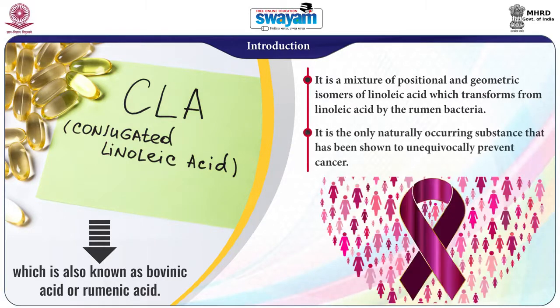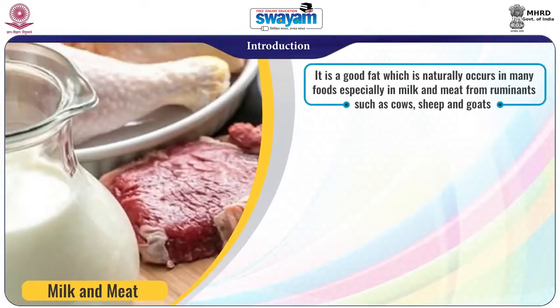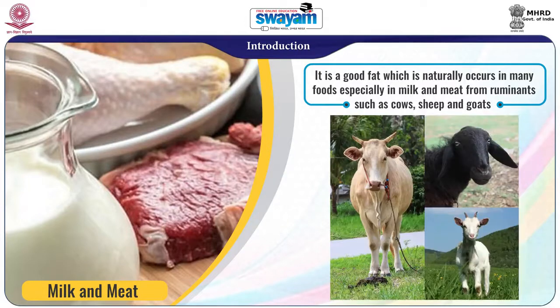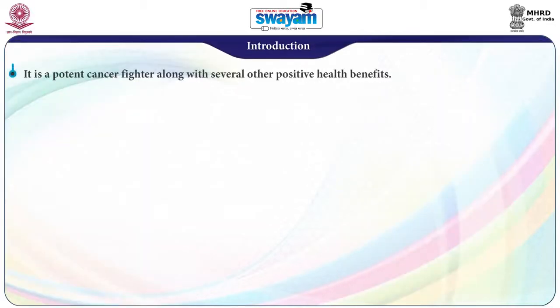It is the only naturally occurring substance that has been shown to unequivocally prevent cancer. It is a good fat which naturally occurs in many foods, especially in milk and meat from ruminants such as cows, sheep and goats. It is a potent cancer fighter along with several other positive health benefits.